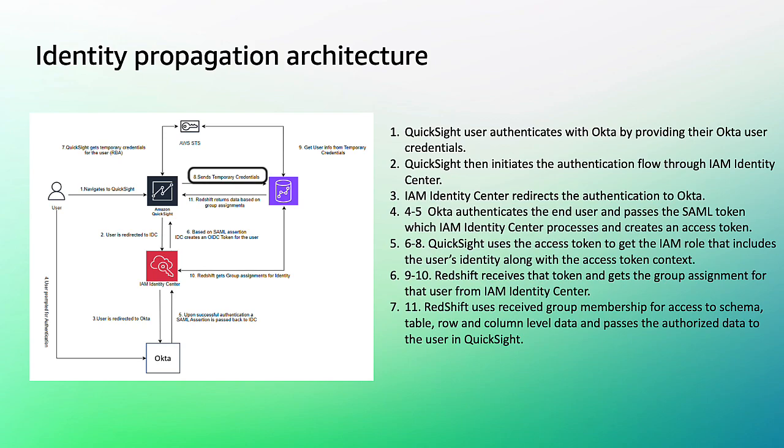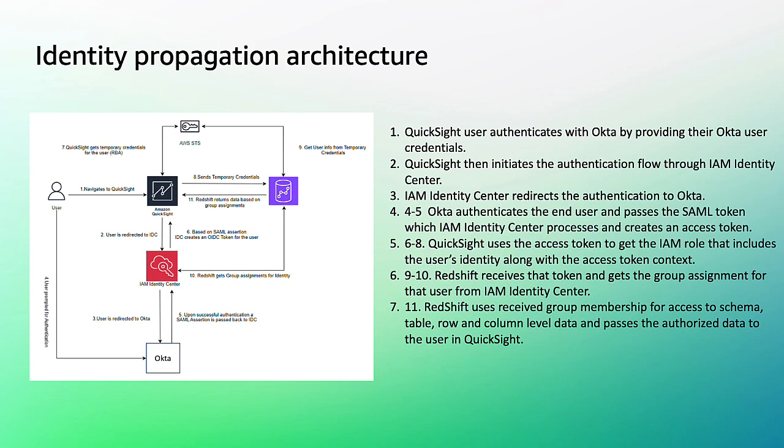If you look at point 7 here, QuickSight gets temporary credentials for the user using STS for Redshift, and then passes those temporary credentials to Redshift at runtime, and Redshift at that point validates, gets the user's identity from that temporary token, validates those rules that are configured in Redshift for that particular user, and returns only data based on group assignment or user assignment to QuickSight, and QuickSight displays only that data to the user on that particular dashboard.